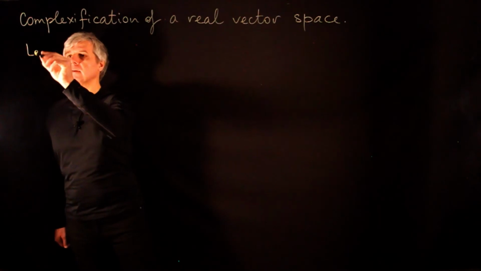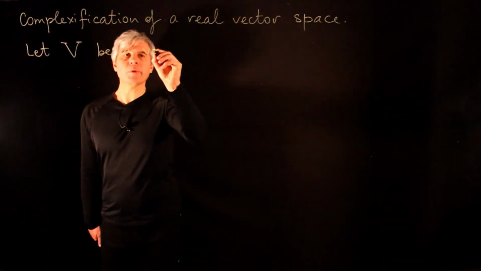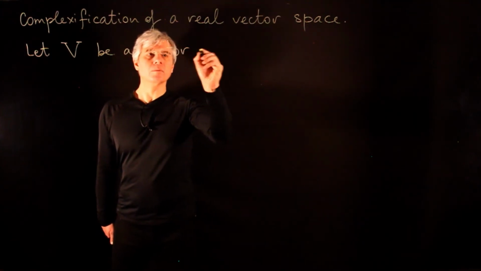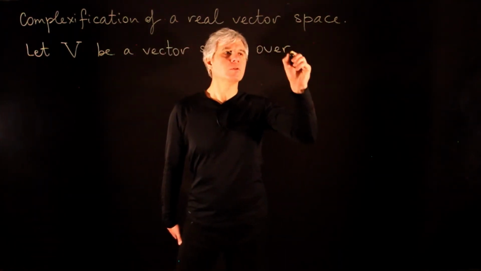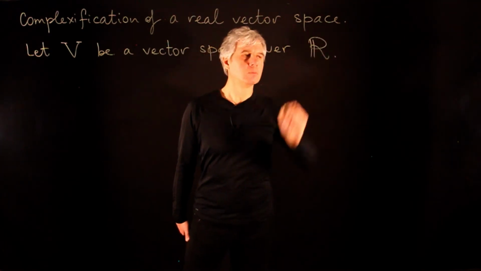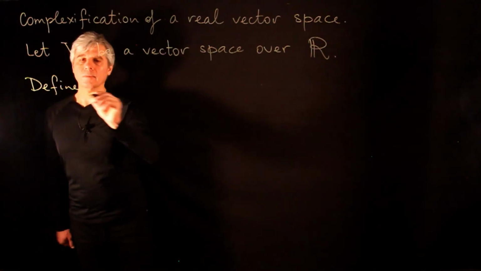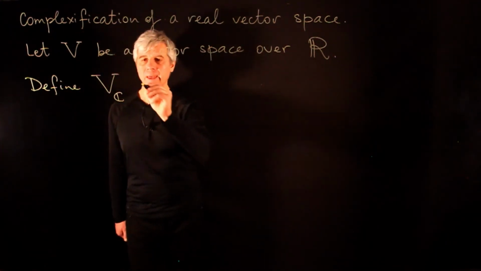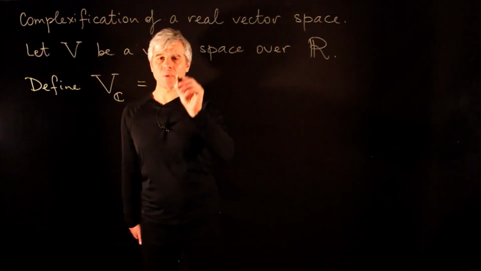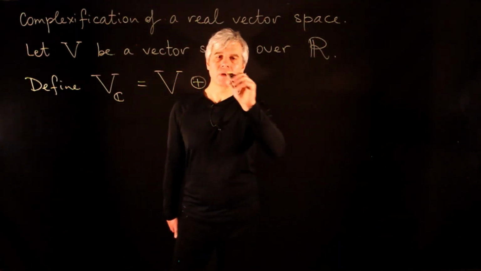Let V be a vector space over the field of real numbers. We define V_C, the complexification of V, as a direct sum of V plus iV.